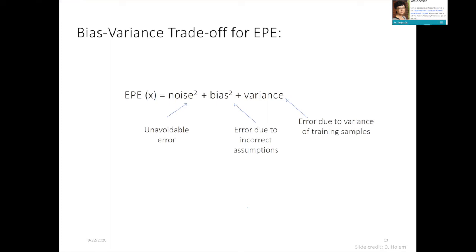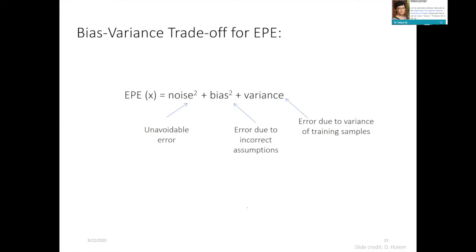If you are very familiar with expectation and variance, you can totally do it by yourself. This is not difficult at all. Again, think about EPE as our generalization error. It's my future or maybe whole population error I try to minimize. And this generalization error includes three things.